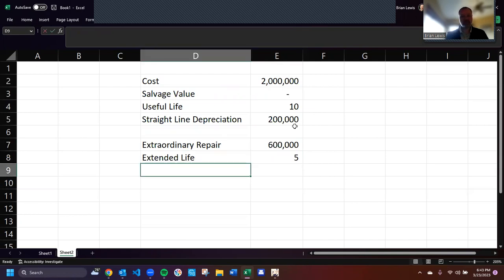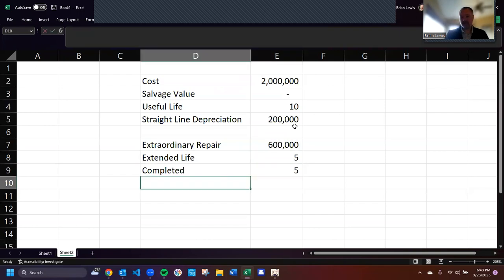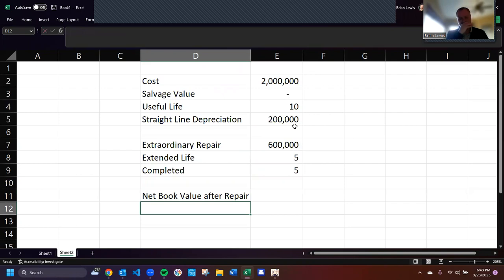Okay, and this was completed, we'll call it year 5. So what effectively ends up happening is you have to first figure out your net book value after repair, and you have to identify your remaining useful life.